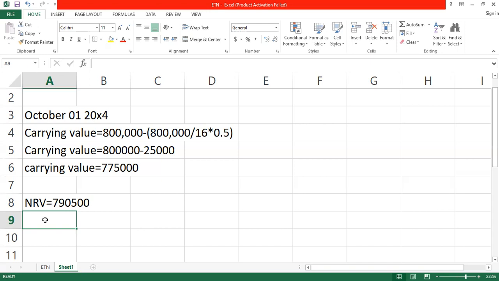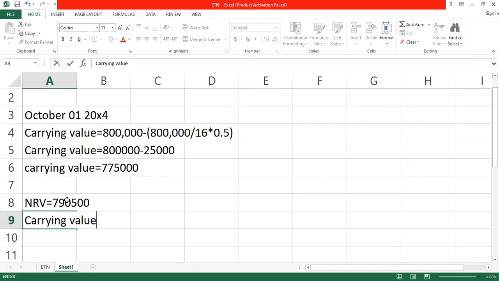So what amount are we classifying the asset at? The carrying amount. The assumption is that this asset is being carried at cost model, which means cost minus accumulated depreciation. So the asset will be carried at the lower of the two, so it will be classified at the carrying value.